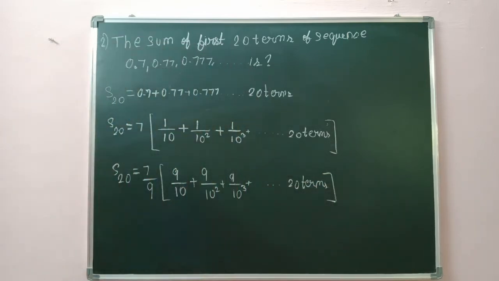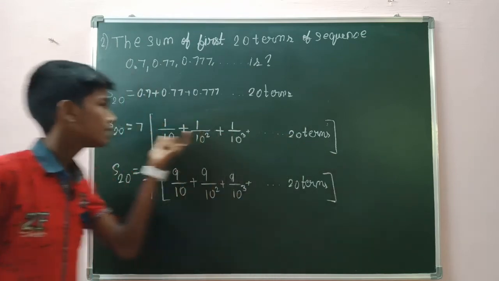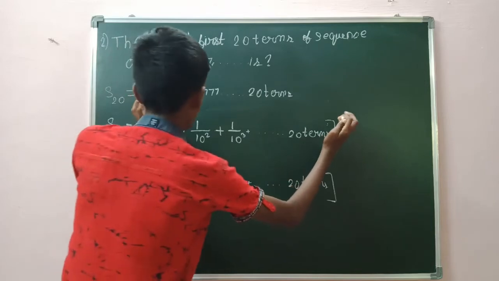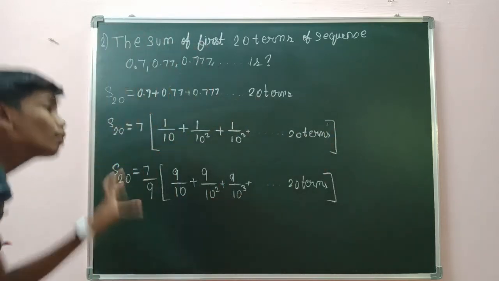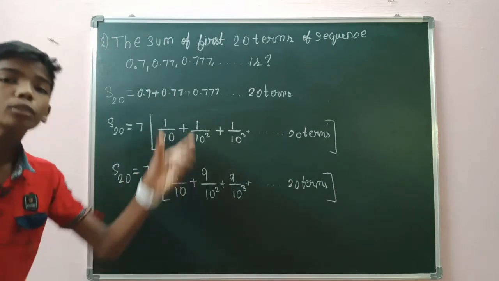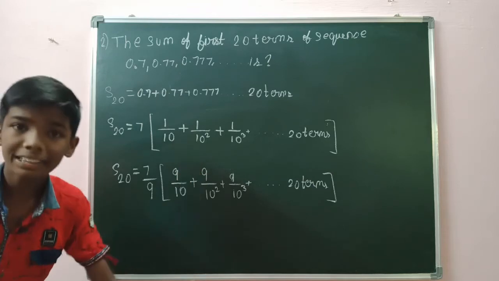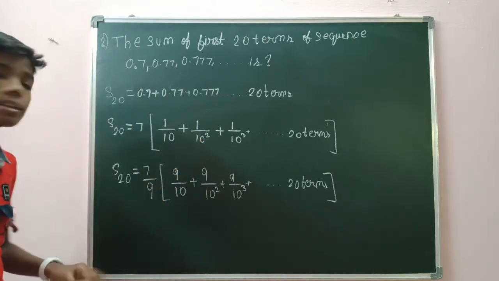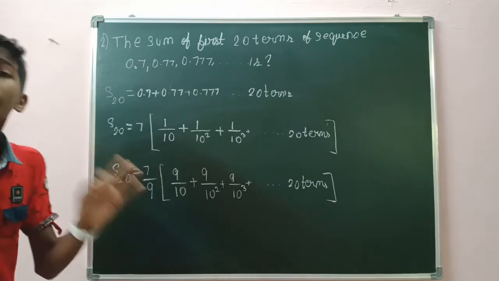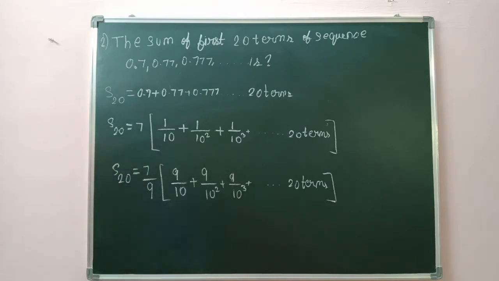I am just multiplying 9 into each and every element in the inside bracket, and I am going to divide it by 9. Because whatever I do on the numerator, I should do on the denominator, so that both will get cancelled, so no change will be there. If you just multiply by 9, then the answer will be different. You should also divide it by 9. No change matters a lot. Okay, that is what I am doing.